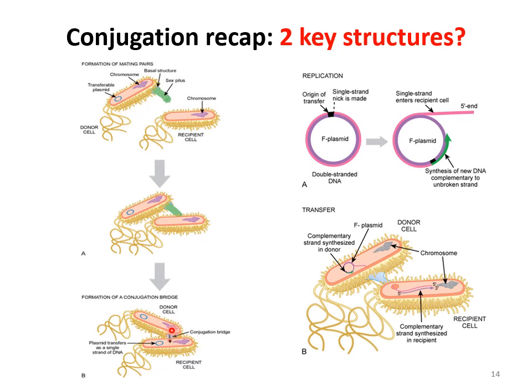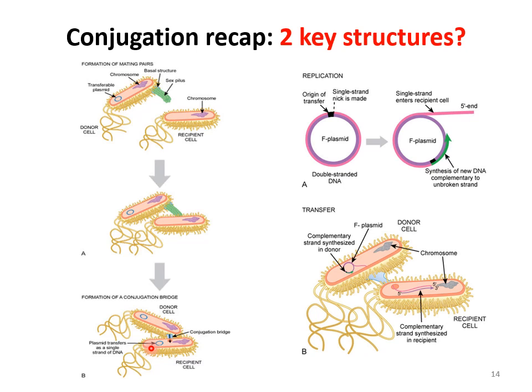When that happens, the double stranded plasmid gets nicked. What nicked means is one strand of it gets cut, and so that single strand starts to unroll here. So it's separating from being double stranded. That single strand that you see here crosses through the conjugation bridge and enters the recipient.